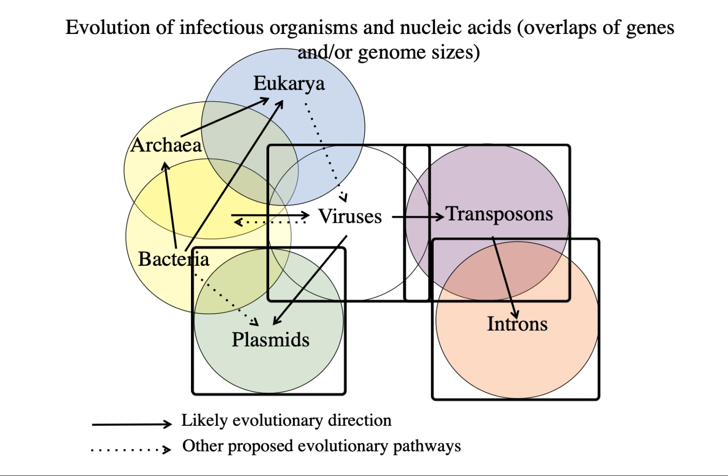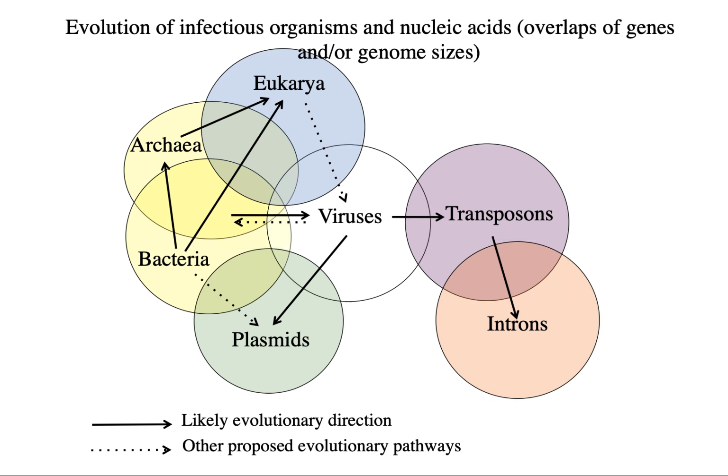And then we were just talking about plasmids, including the TI plasmid, that has some characteristics of viruses, as well as some of transposons and plasmids. So there's sort of a melding of some of these processes for some of these mobile genetic elements.